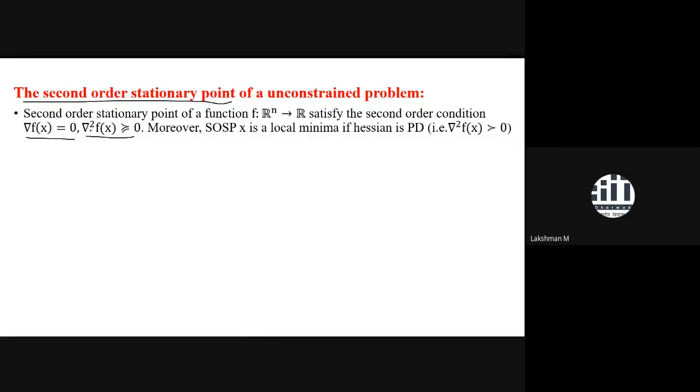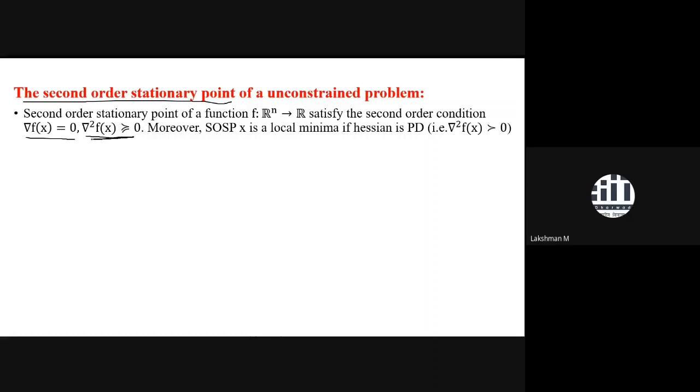A point is second order stationary if the gradient already vanishes and, apart from that, the Hessian at that point is positive semi-definite. That means every eigenvalue is greater than or equal to 0.